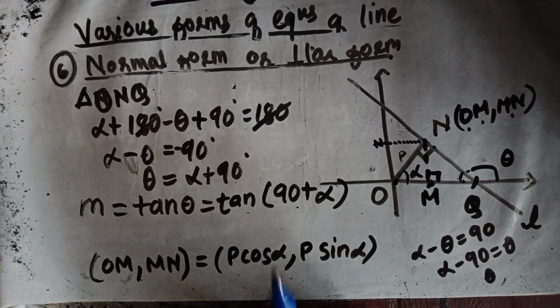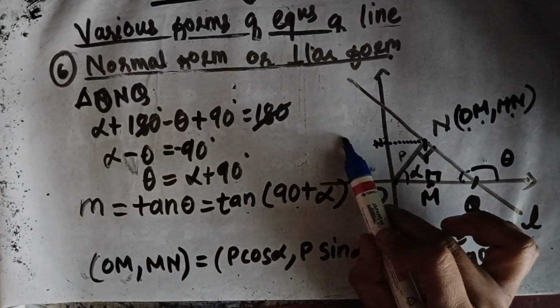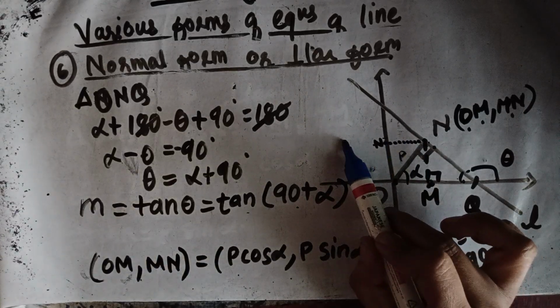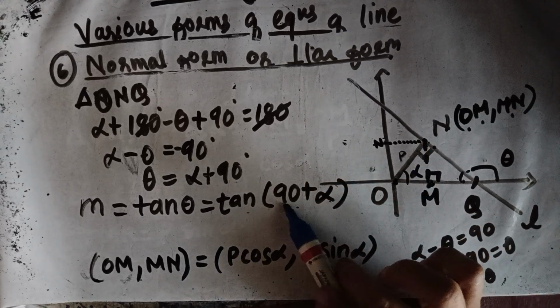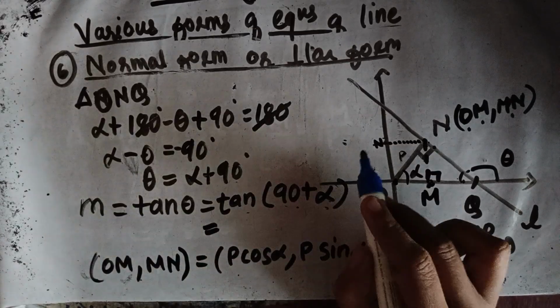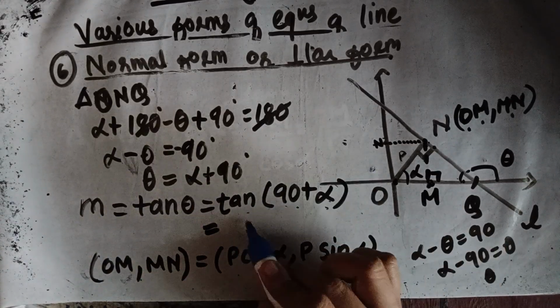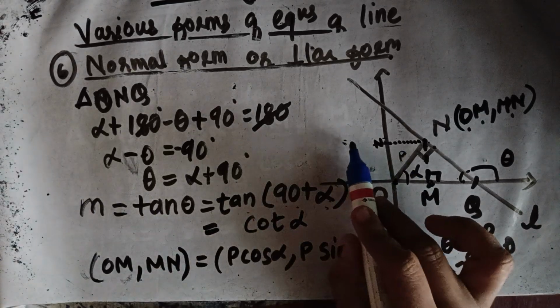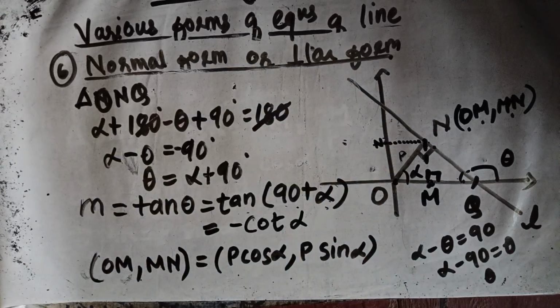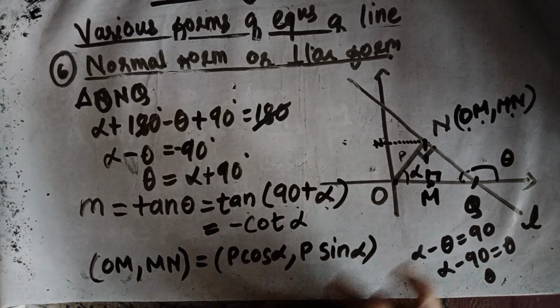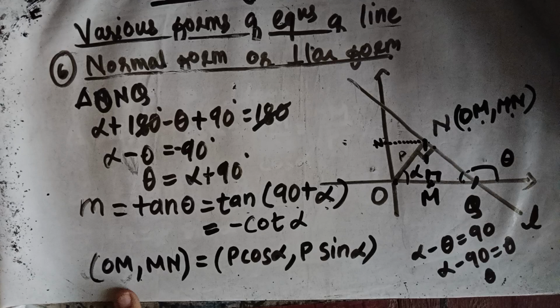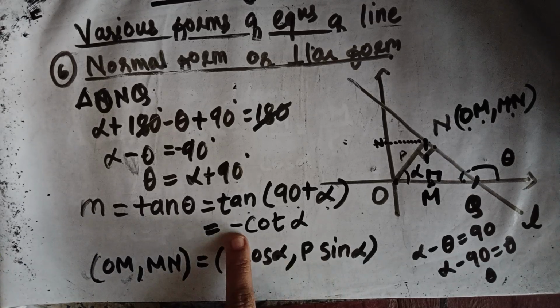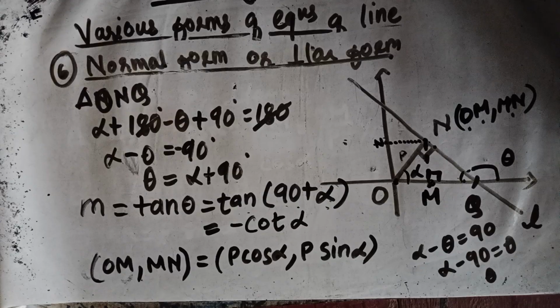Here you have to use trigonometry again. 90 plus alpha, so it is in the second quadrant. So we are adding pi by 2 to the angle. Okay. So pi by 2 means this tan becomes cot. Okay. And what about the sign? Tan is negative here. So the sign is negative. Okay. Now we have the slope and the point. This is our point and this is our slope. M is equal to minus cot alpha.